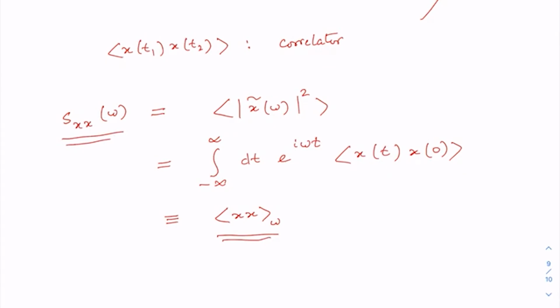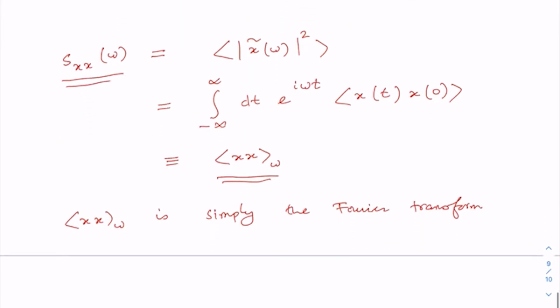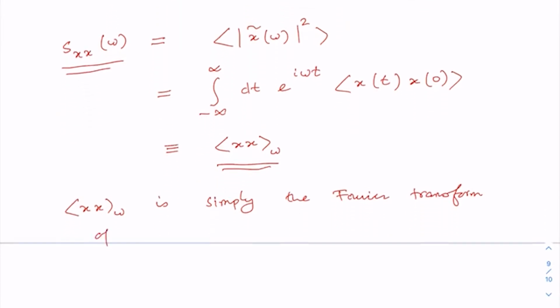This quantity is simply the Fourier transform of the correlator or the correlation function.